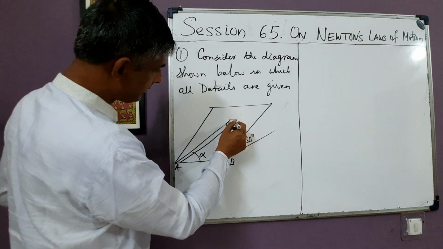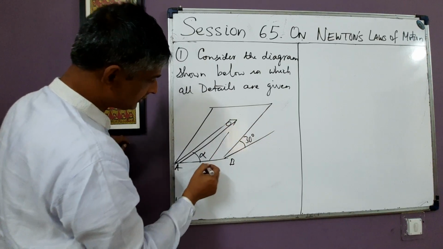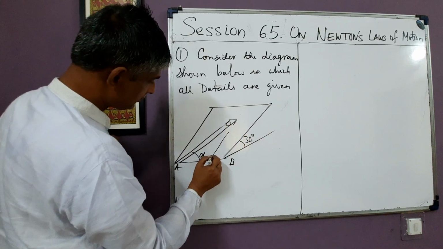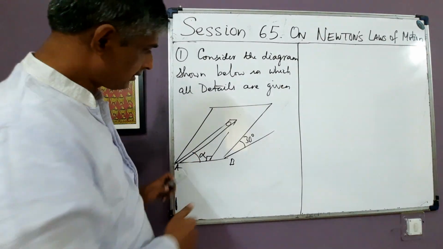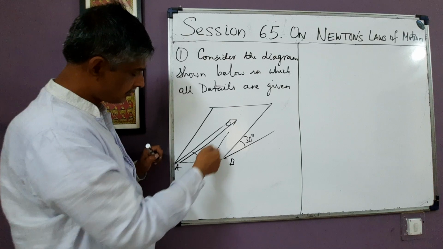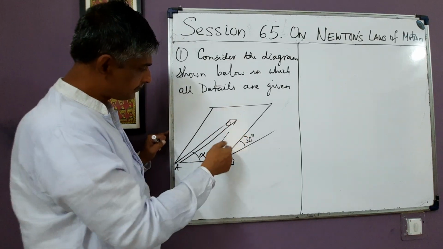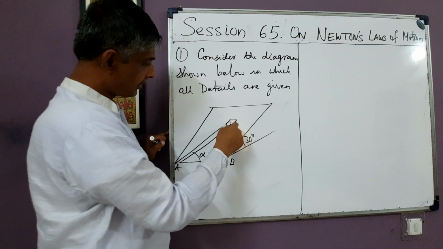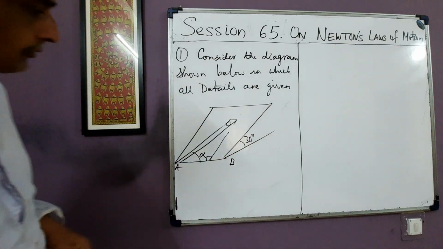Now from this groove I draw a straight line parallel to this incline. This is right angle. In 3D view it doesn't appear very clear. But from this point I drop a normal on this line. Normal in the sense that this is the inclined plane, and I draw a line from this which is normal to this line.